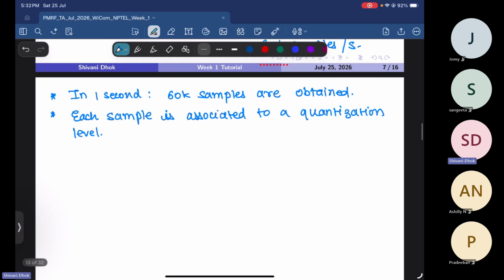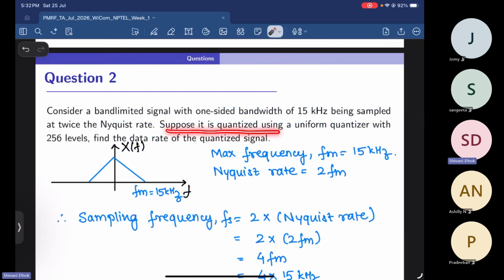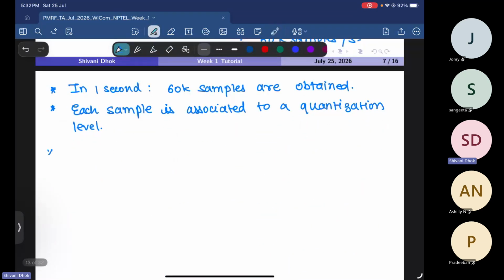Now what is given to us about the quantization levels? Suppose it is quantized using a uniform quantizer with 256 levels. So the number of quantization levels is equal to 256.